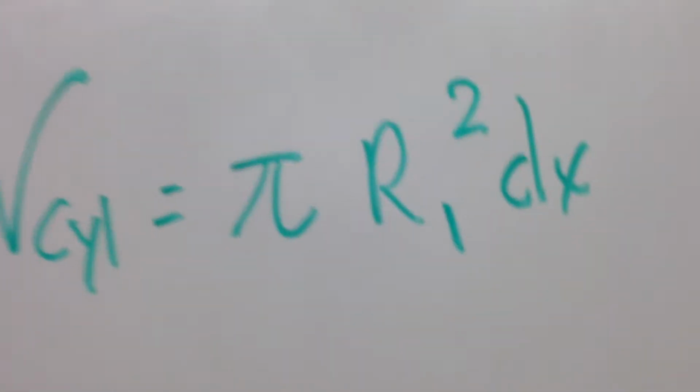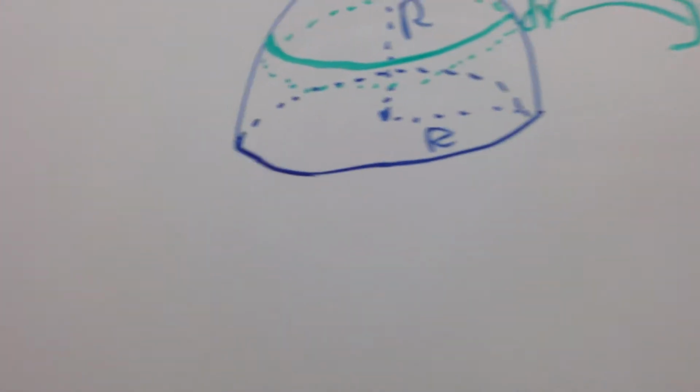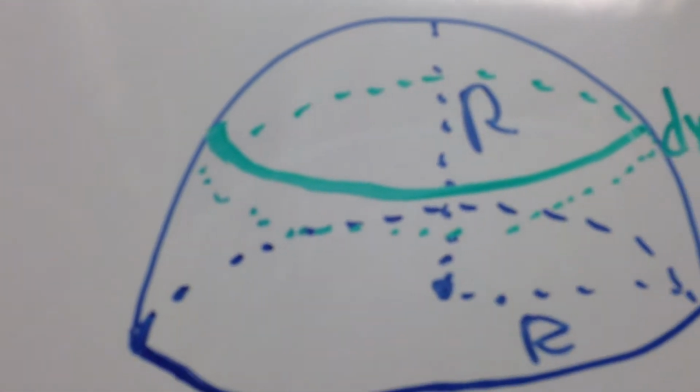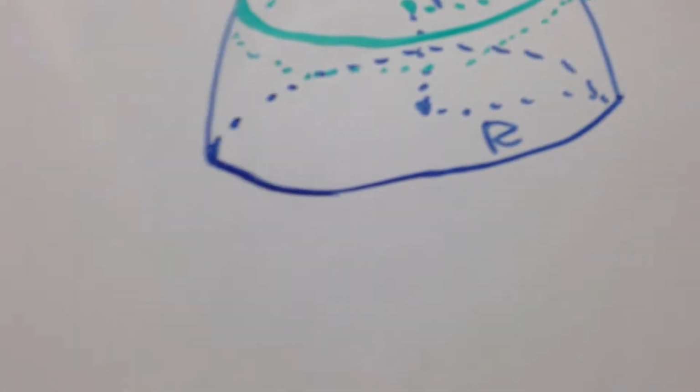Here it is pi R1 squared. So what is the radius, in this case, what is R1?